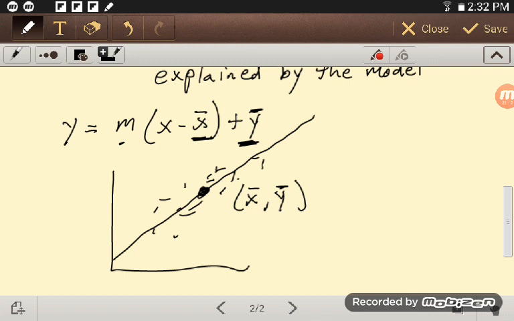And so if you've got pretty good data that are reasonably tight together, not too much variation, then you can compute x bar, y bar, those averages, and then just mess with m until you think you've got a pretty good slope that fits your data. About as many above as below, that kind of thing.